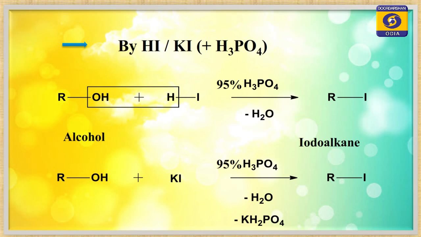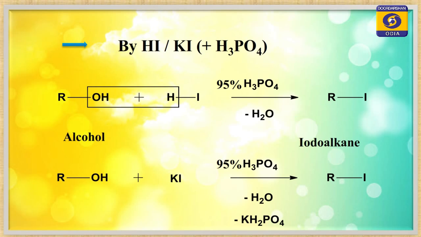Same thing, you get the removal of the OH group and the incoming of the I. You get RI, along with byproducts like water, or in case of KI you get KH2PO4 and water. But the method is a similar thing.